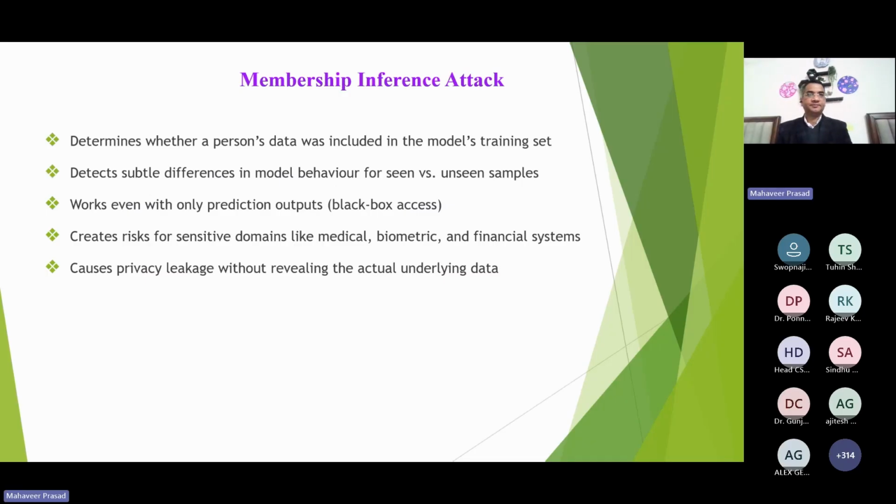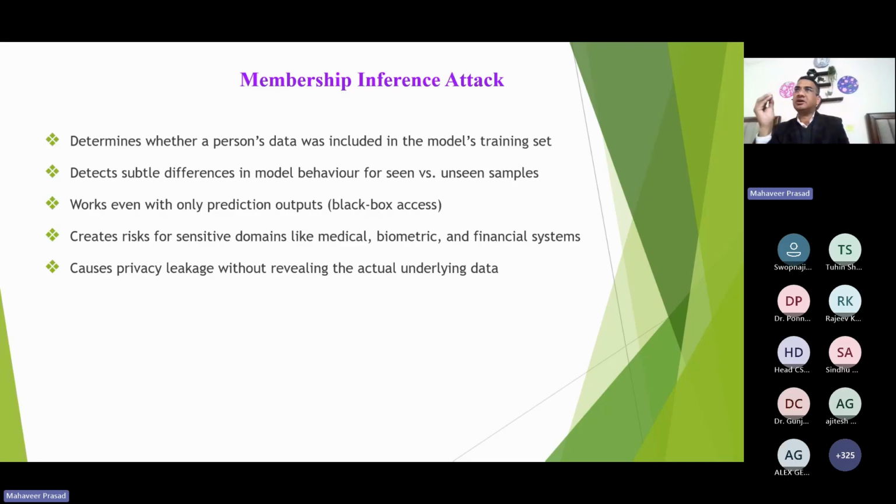Membership inference attack. Earlier, we were generating some data which was used. Now it determines whether a person's data was included in the model training set. So here we are just finding out whether this data has been used or not.